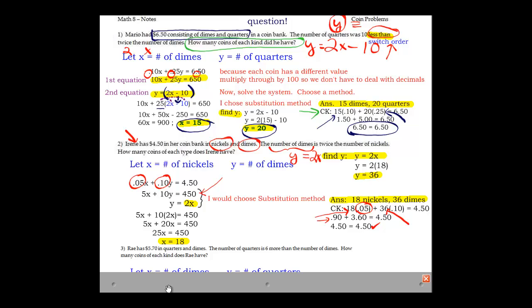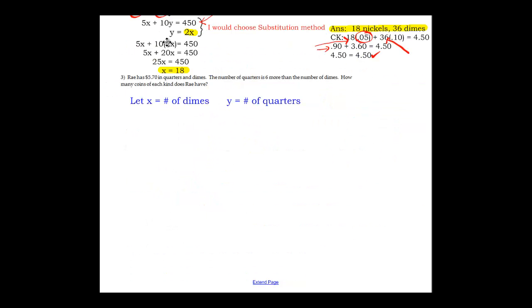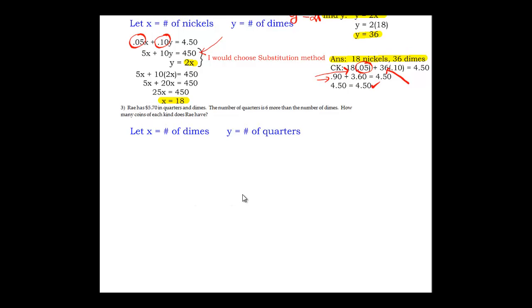All right, moving on. Reading the next problem: Ray has $5.70 in quarters and dimes. You have to write your let statement, so we did. We have quarters and dimes. I have dimes being x and I have quarters being y.